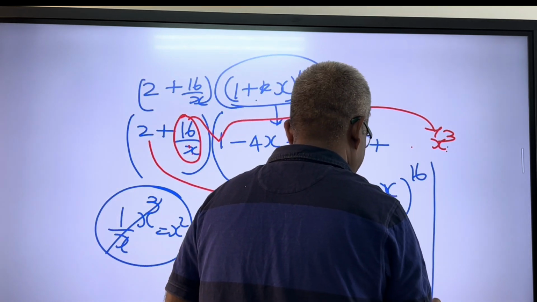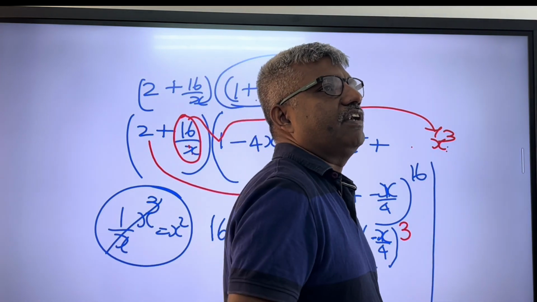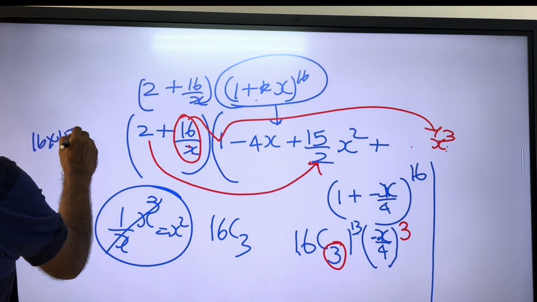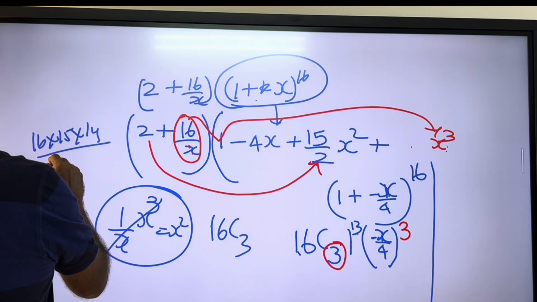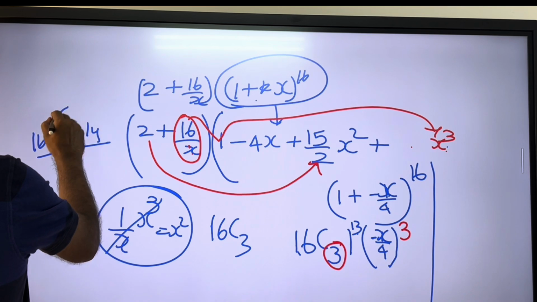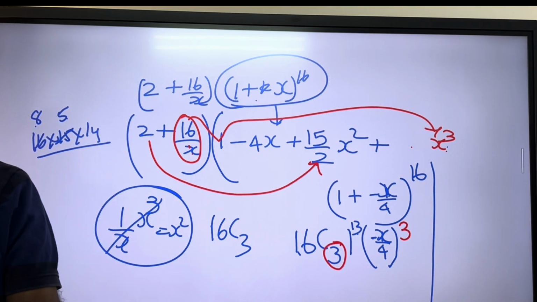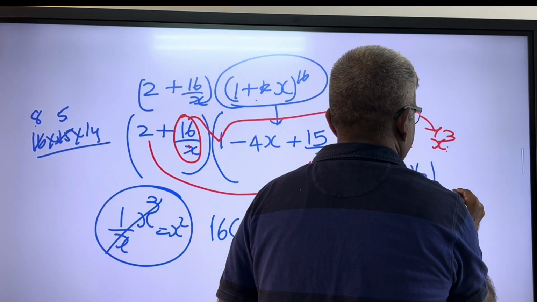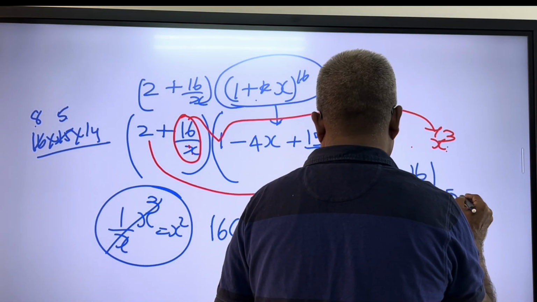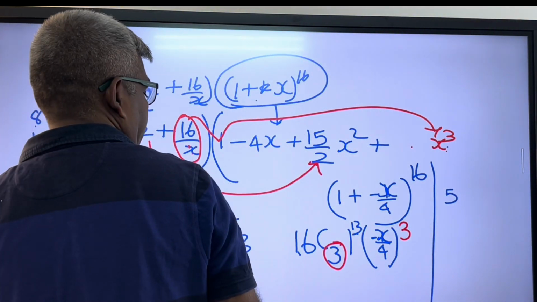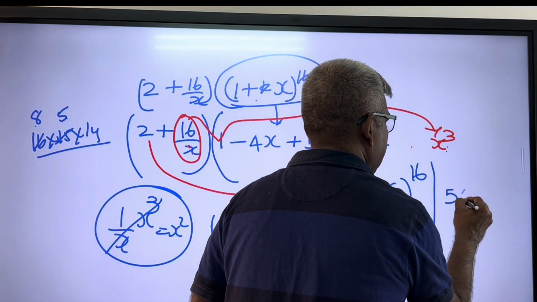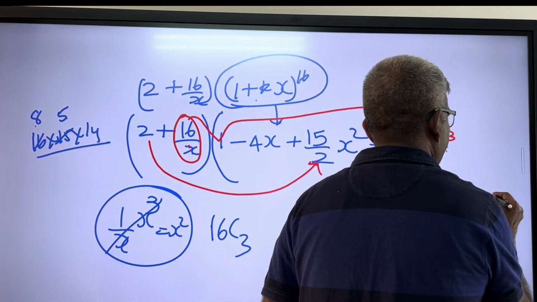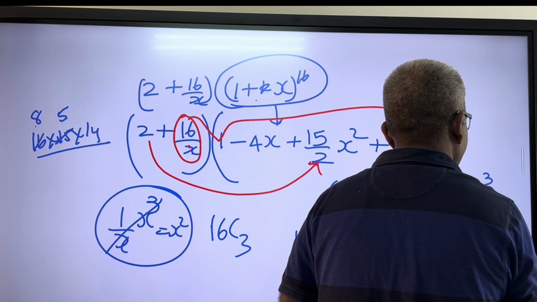So what will come? 16C3, what is the value? 16 times 15 times 14 divided by 6, that is 560. 560 times minus x cube by 4 cube.